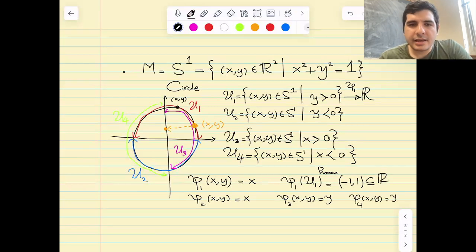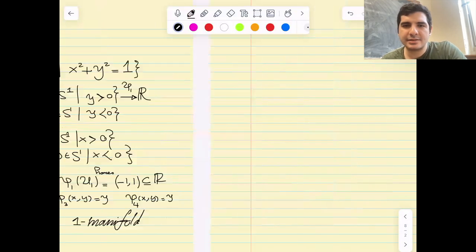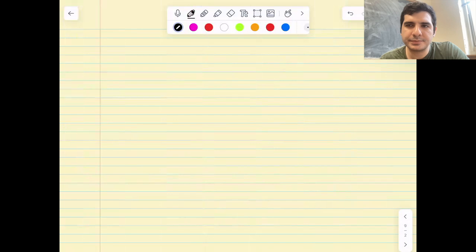You can see these give us homeomorphisms on these sets, and anytime we have intersections, the maps phi_i composed with phi_j inverse are all smooth maps. So that's a proof that S1 is a smooth one-manifold. One could pick a different atlas and different maps. This is just one way to do it.